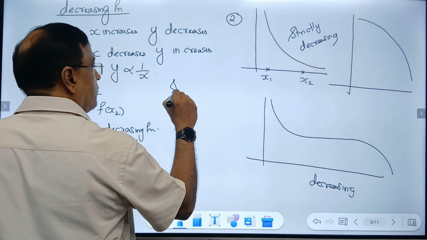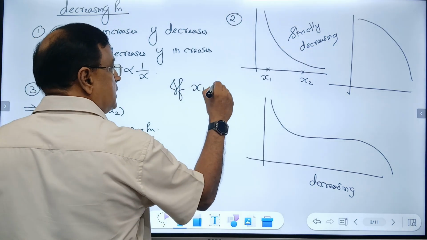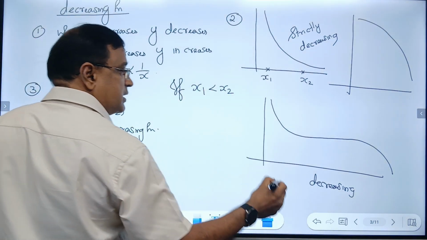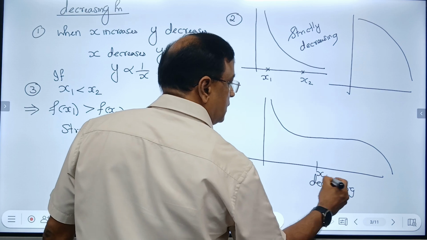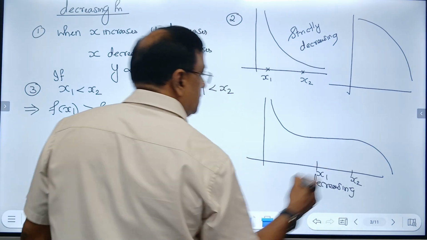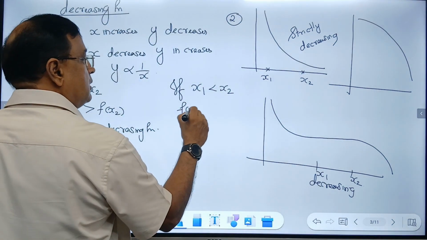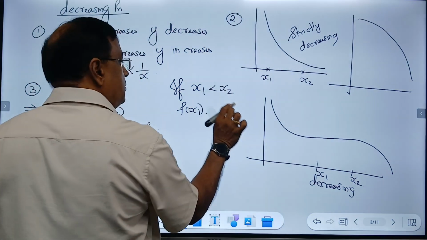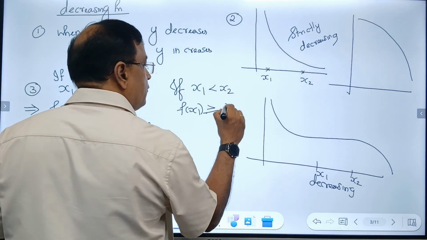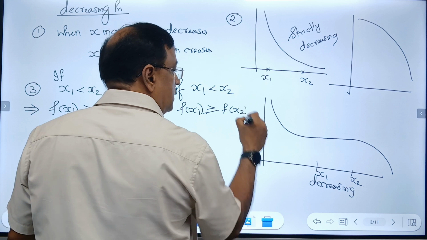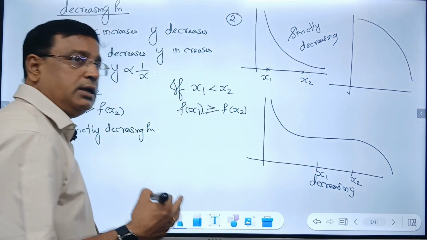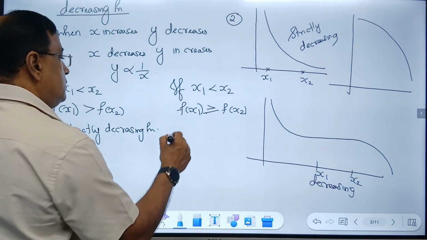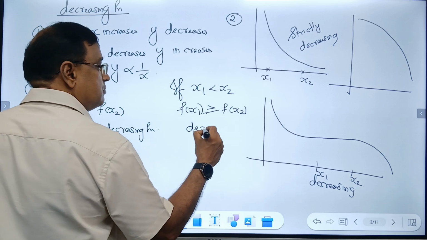Similarly, if x1 is less than x2, you can say f of x1 will be greater than or equal to f of x2. It can be greater or it can be equal to. Okay, so this is the case for a decreasing function.